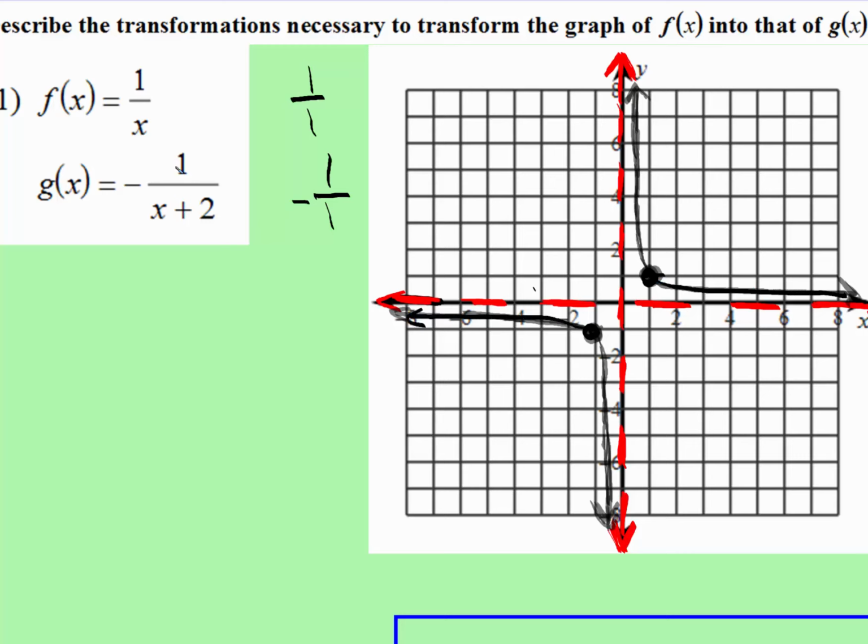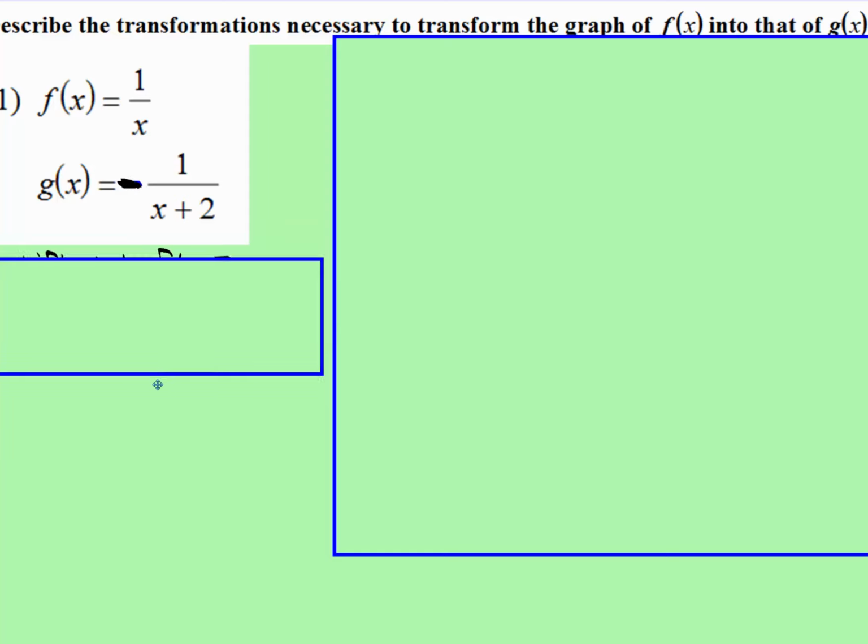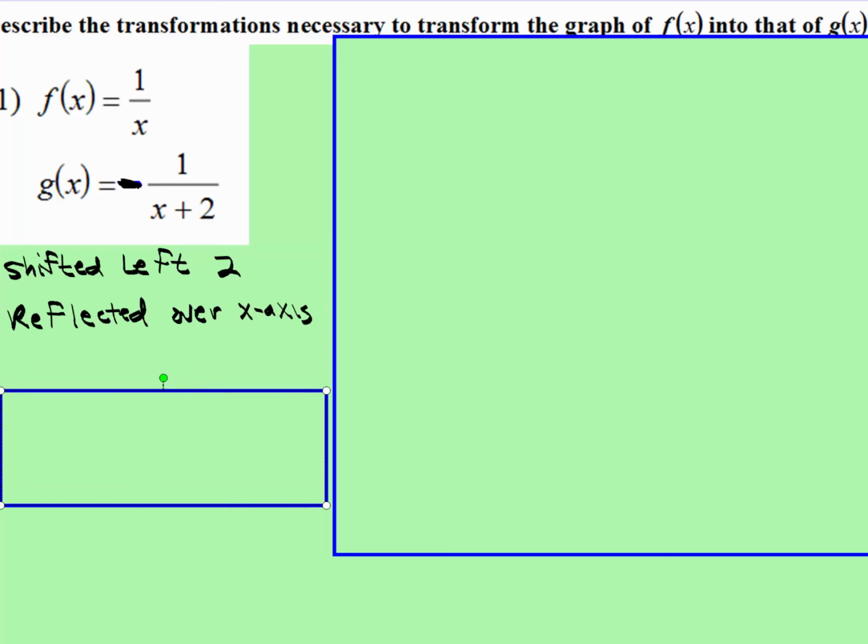All right, but what is happening here? Well, there's a negative sign on the outside. Remember, when a negative sign is outside the function, it means it's reflected over the x-axis. And think about this +2 being inside parentheses. If we wanted it to go up and down, we would have put a +2 on the outside of that fraction. But because it's not, we know that, again, it has been shifted, and the opposite of +2 is left 2.